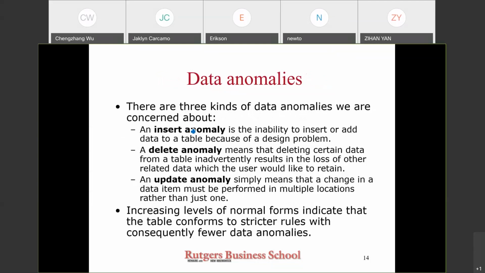So regarding the design flaws, what can a design flaw result in? What are the results? There are data anomalies. There are three kinds of data anomalies.